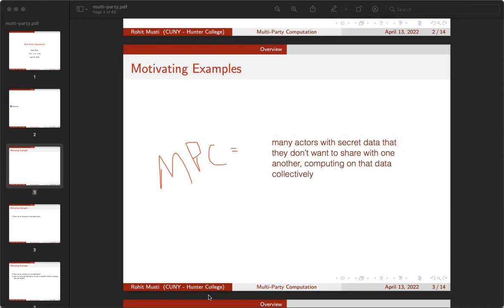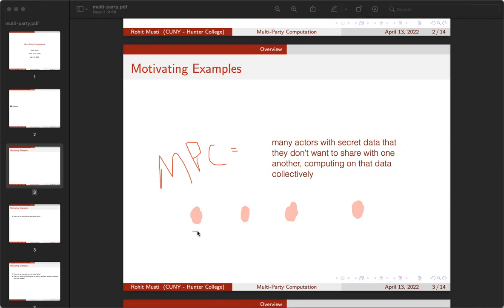So to draw a diagram of this, here's maybe person 1, here's person 2, here's person 3, and here's person 4. And all of them secretly have their favorite color.